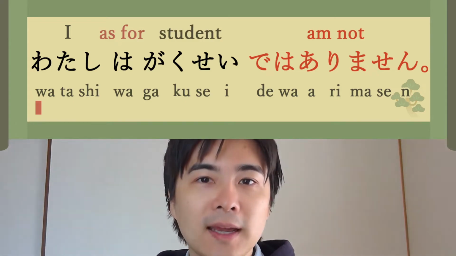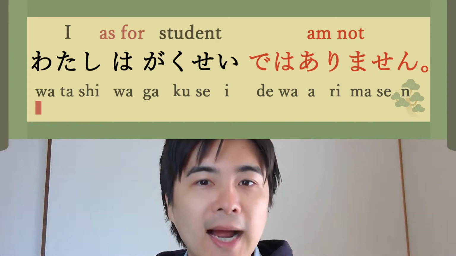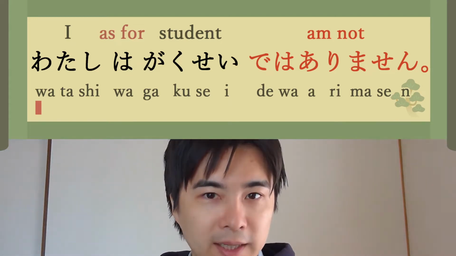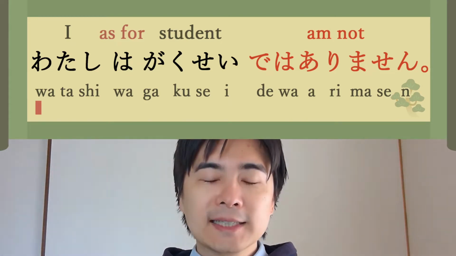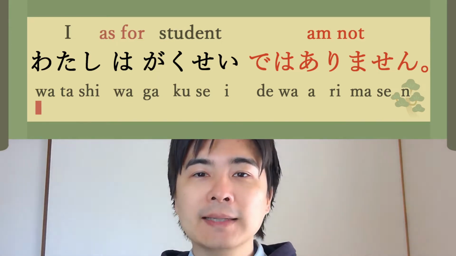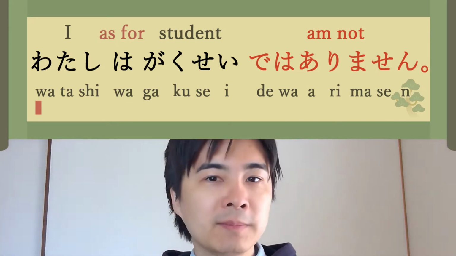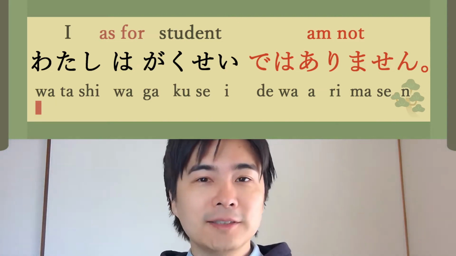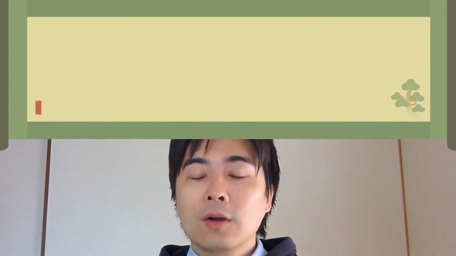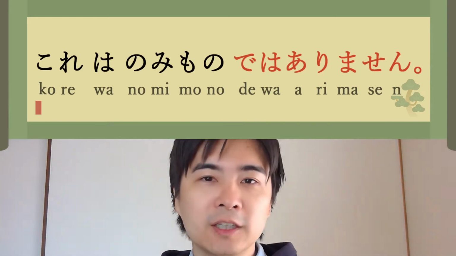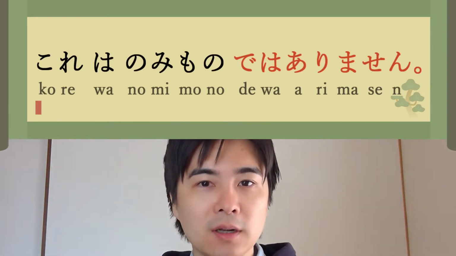So this means as for me, I am not a student. So it means I am not a student. Let's see another example. これは飲み物ではありません。This means this is not a drink.